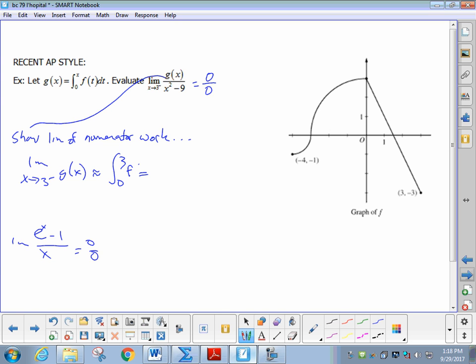It's just you plugging in, okay? But this is not a no-brainer that this is 0. They were pretty picky about it: you can't just say the top is 0 without some kind of justification for why it is 0. So you really would have had to write this one of two ways.